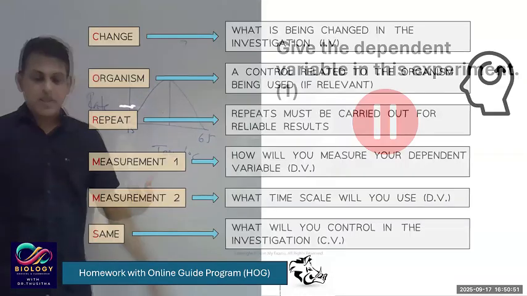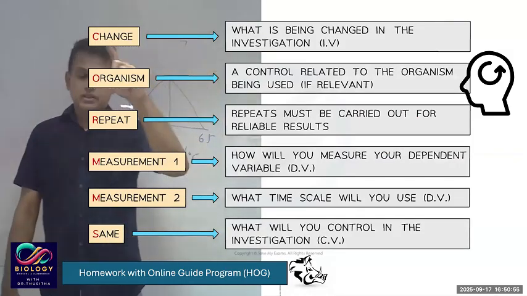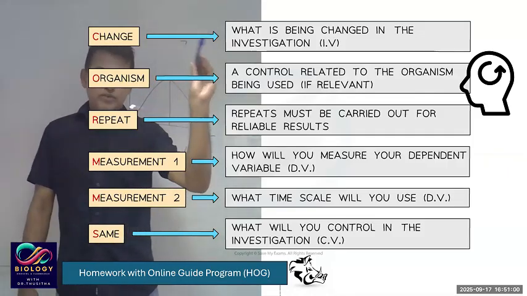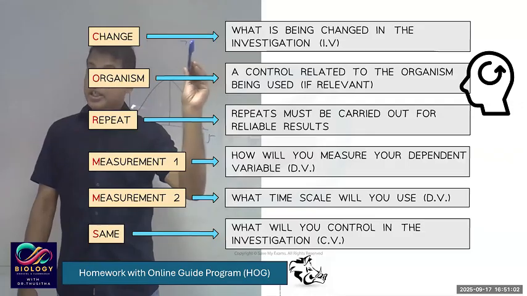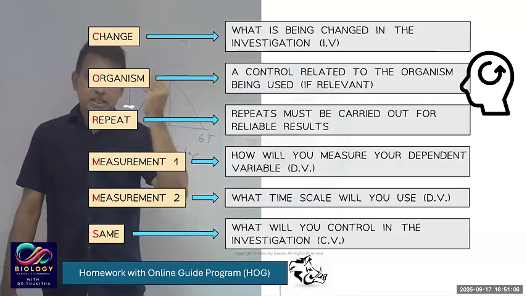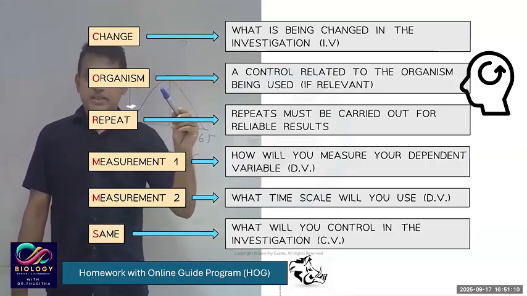So what we measure in this experiment, here you can see the points. You can see here the change. What we change is the independent variable. That means when we are changing something in the experiment, that is the independent variable. Now organism: if we have living things, we also have to consider certain points.